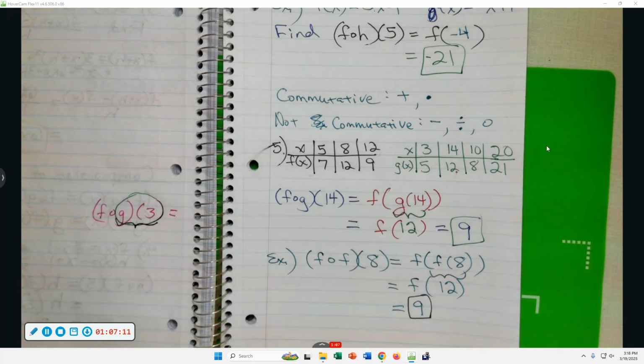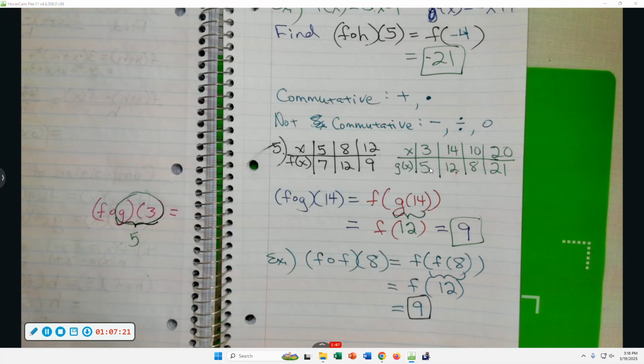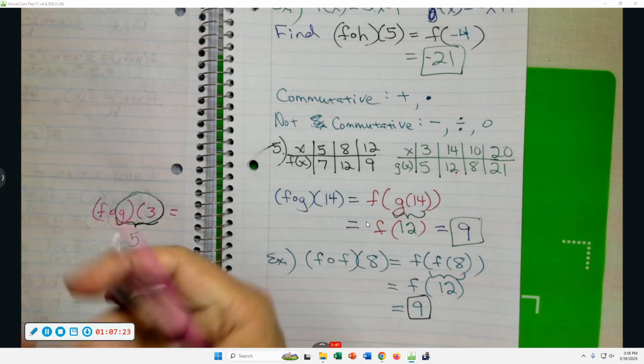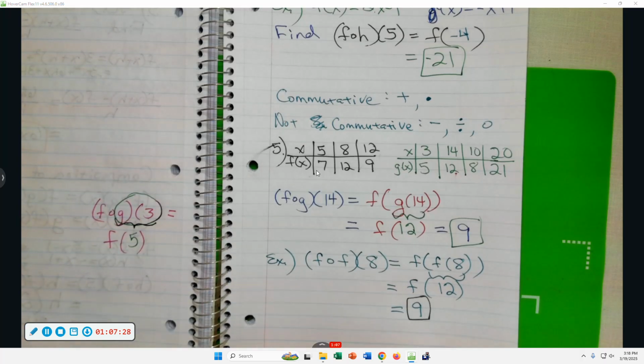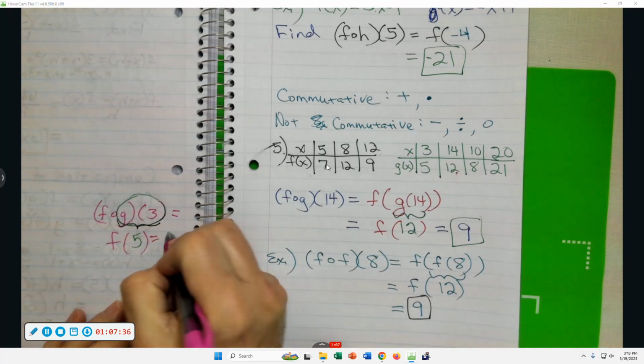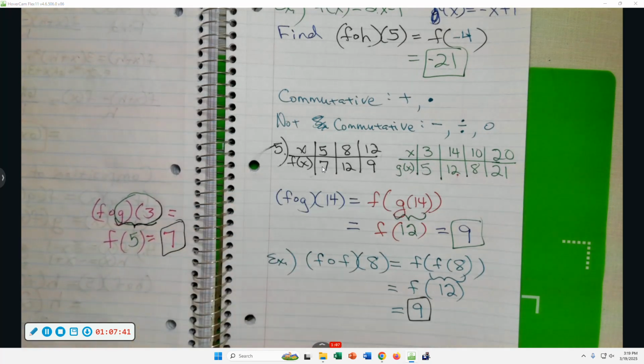The table G assigns 3 to 5, so G of 3 is 5. We still have the F in front of it, so we go to the F table. The F table assigns 5 to 7. See how we're getting these? We're trying to write stuff down to show our thoughts, but there's not a lot to write down.